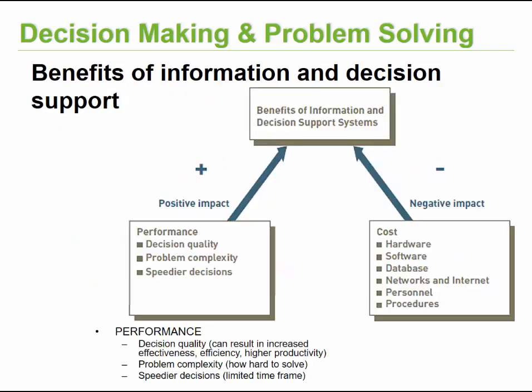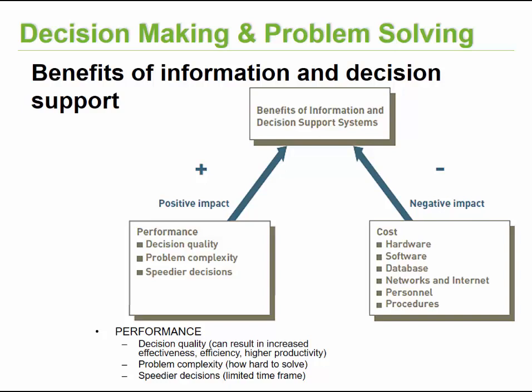So as soon as we start to think about the benefits of information and decision support systems, we need to realize that there are various advantages and disadvantages. Now, if we look on the positive side, the performance can be measured by our decision quality, which is usually a result of increased effectiveness, efficiency, and high productivity.